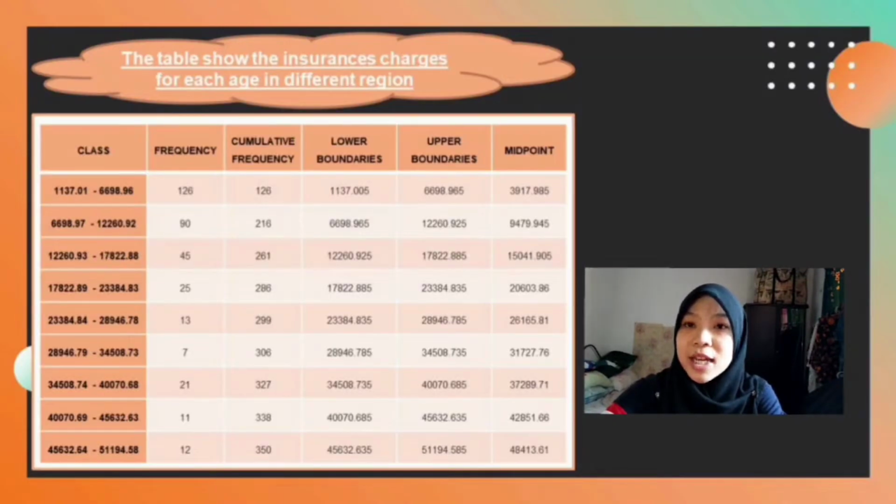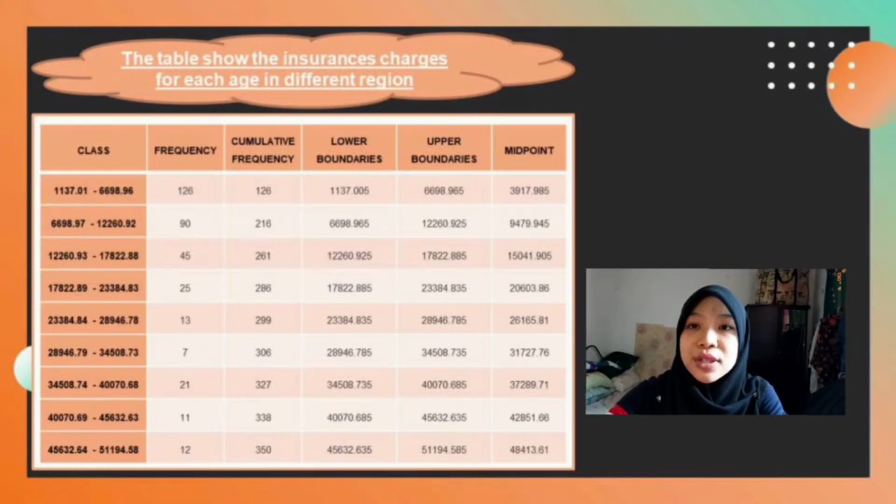After that, we can do the calculation in a table. Here the table shows the insurance charges for each age in different regions. Frequency is the number of values that are sorted into classes. Here we can see that the highest frequency is in the first class, as much as 126.